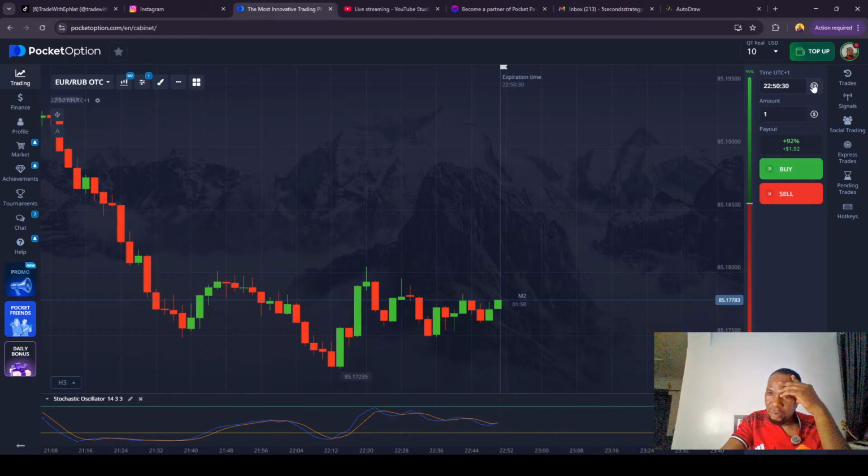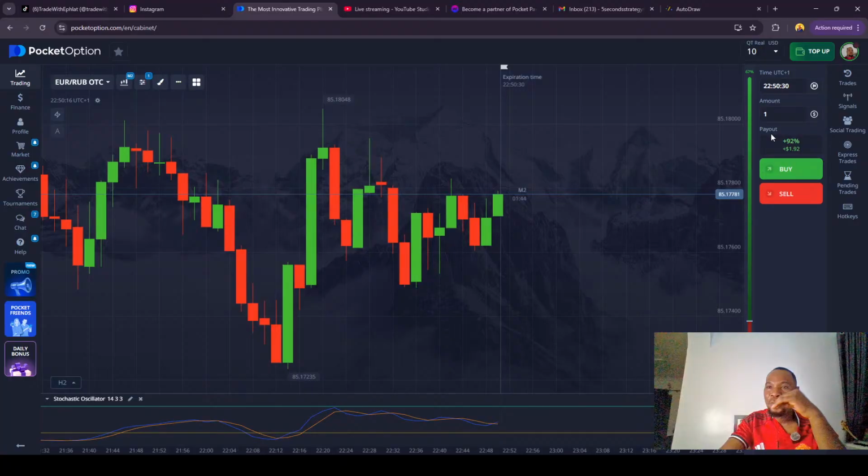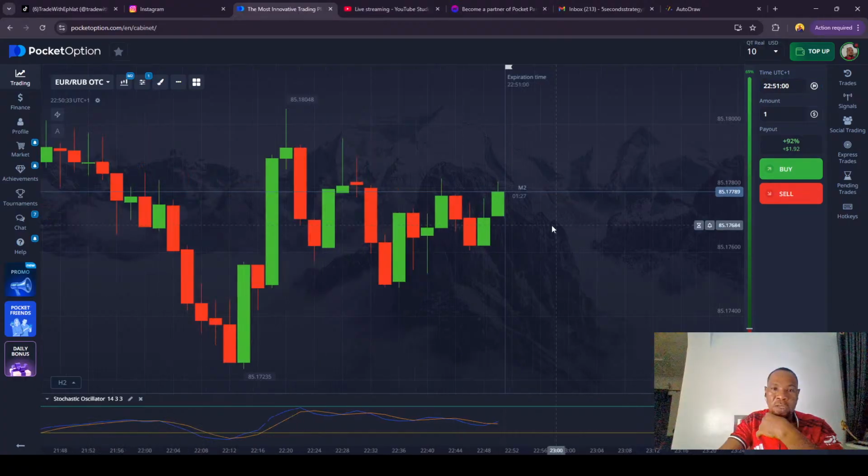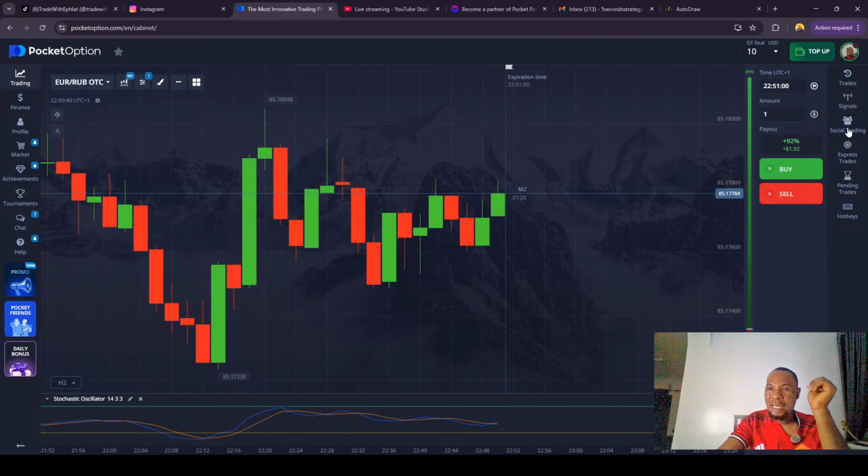Now, what does this flag mode mean? You click on the flag mode and ensure that the last digit, the seconds, is set to 0. So what does that mean? It means your expiration time is time based.